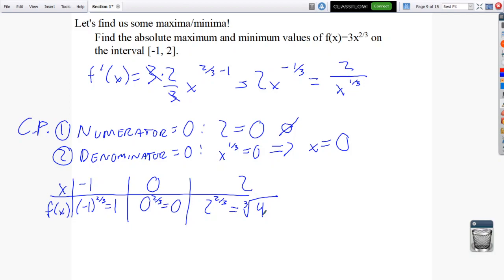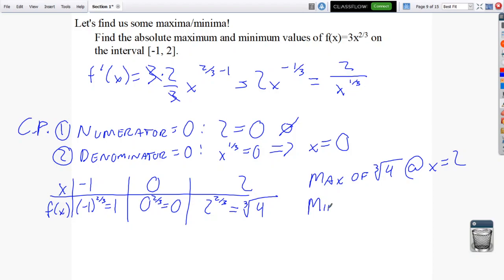To figure out which one's the biggest, look at these 3 values. 1, 0, and cube root of 4. Which one's the biggest? And it occurs at x equals 2.